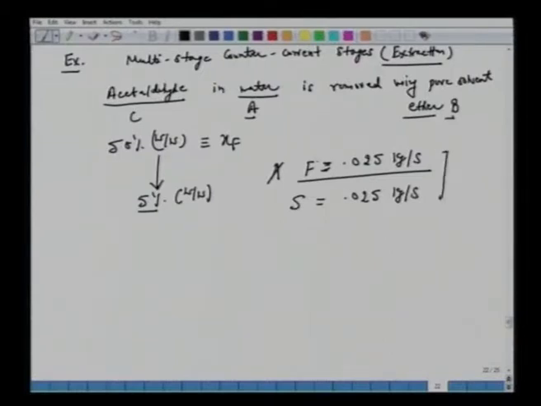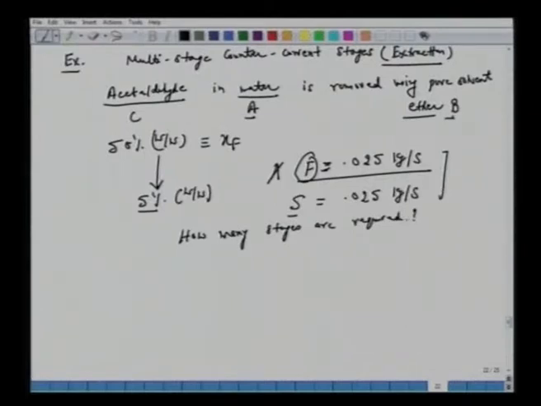So we are treating this feed with an equal flow rate of the solvent, and then we can ask the questions: how many stages are required?